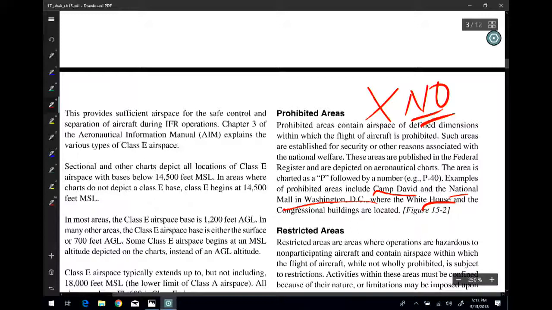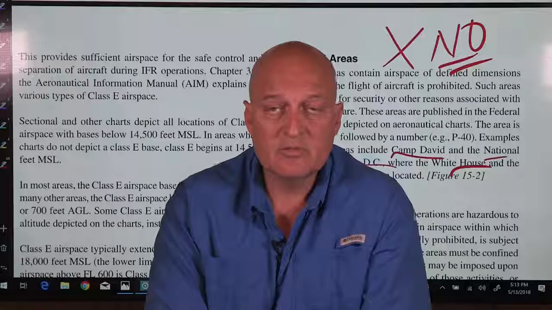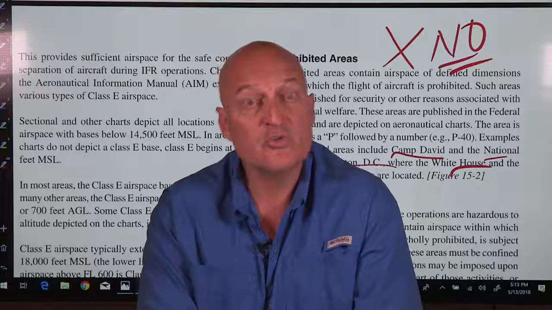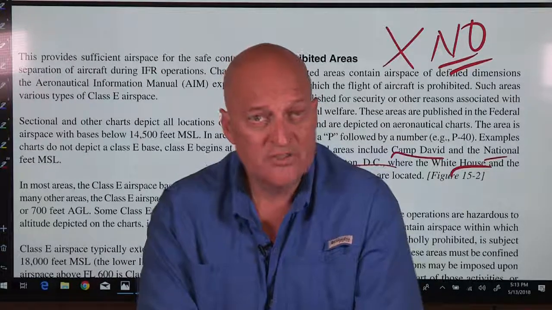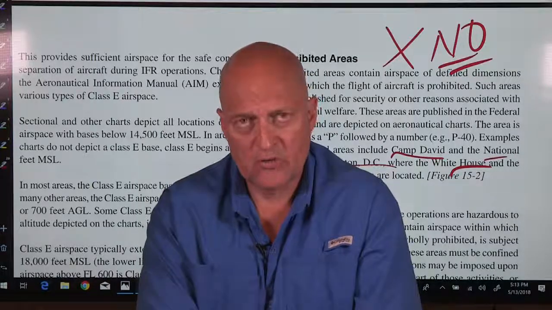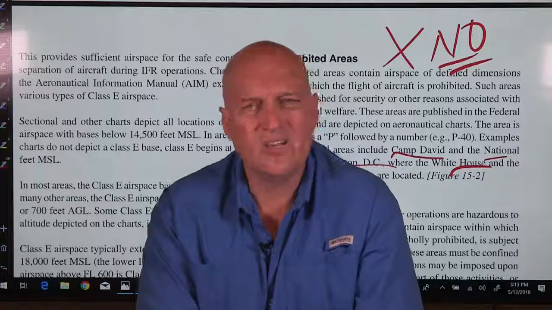That's probably one of the quickest ways to get shot down in an airplane, by flying over one of those prohibited areas. So you'll be able to look on your maps and see where those prohibited areas are so you stay away from them. Also, when you get close to them, you're going to get real popular on the radio. And popular, not in a good way.